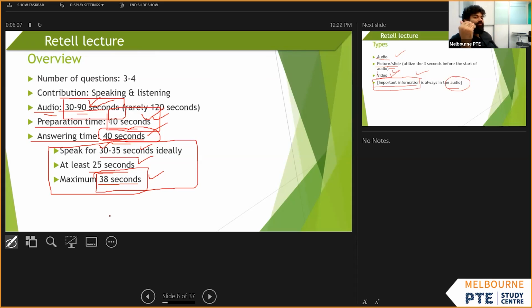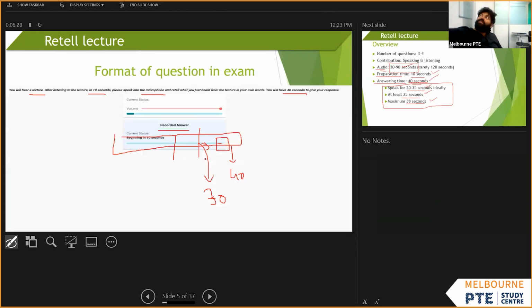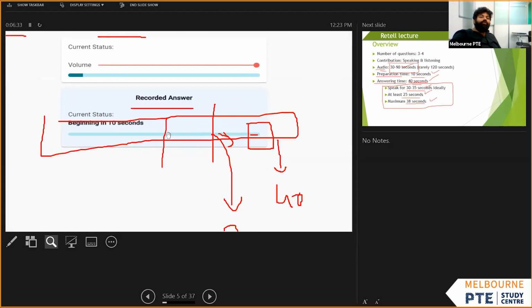And then what we are doing is basically retelling or summarizing the information of our audio. All right, and if I want to get a good mark, I have to speak for around 30 to 35 seconds out of the 40 seconds. And that 30 to 35 seconds, if you have a look over here at the recording bar, would be more or less in this range, more than three quarters of my recording. That's it. Now let's move along.